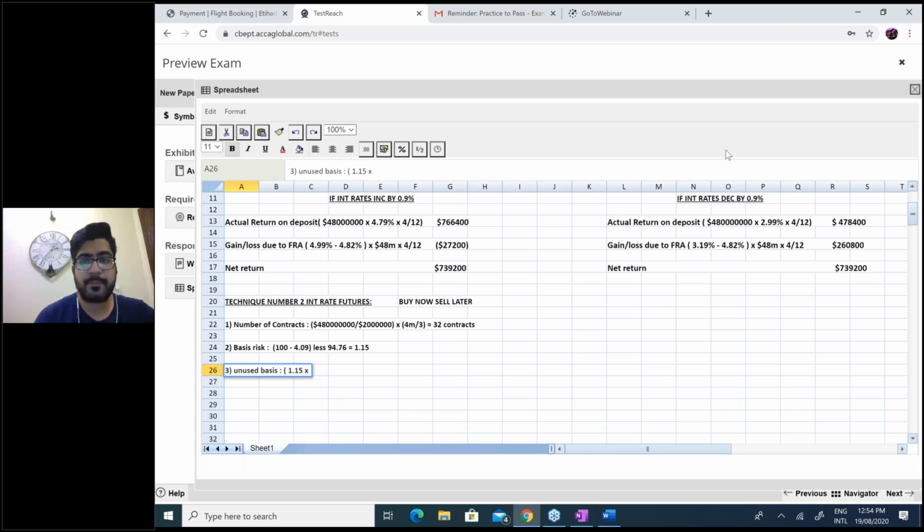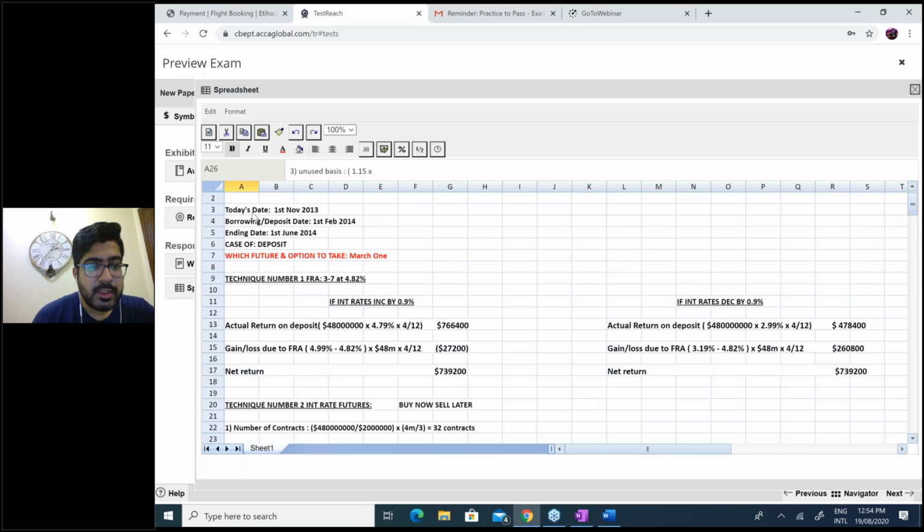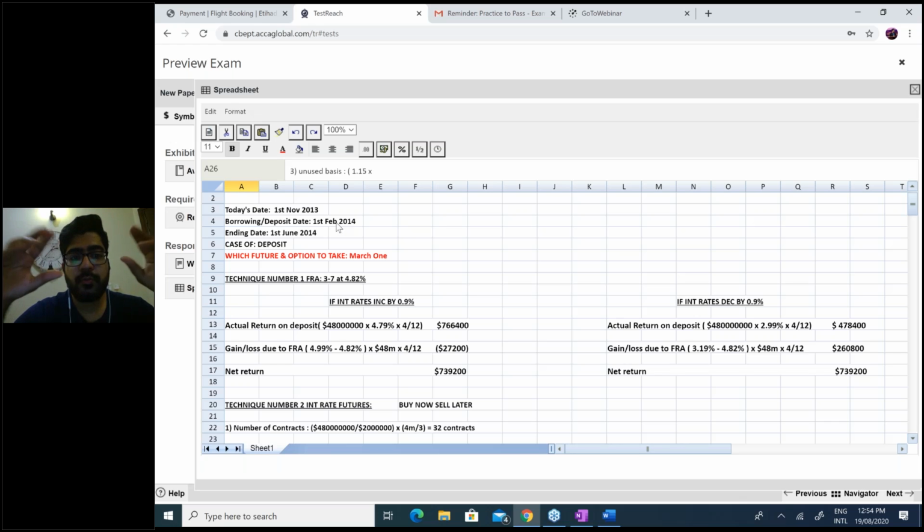What is this extra months? Pay attention, please. You needed to borrow or deposit on 1st Feb, right? So you wanted a future contract of 1st Feb.